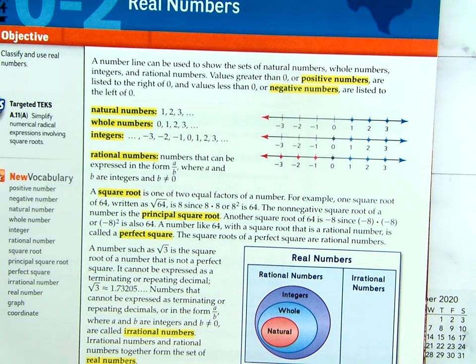Gabe? Can you give me an example of a rational number? Close? Maybe like 1/5, something like that. 1 over 5? Yeah.